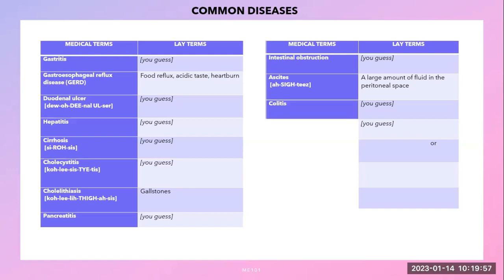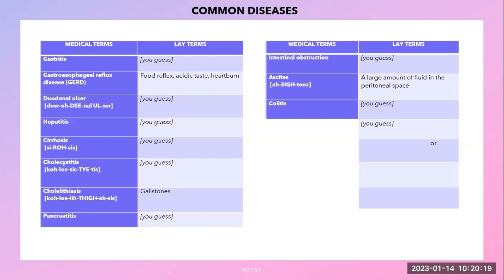Teacher, you wrote a large amount of fluid, so if it's a little bit of blood, can we say ascites? No, I mean you can say that too. It's not necessarily a large amount of fluid.